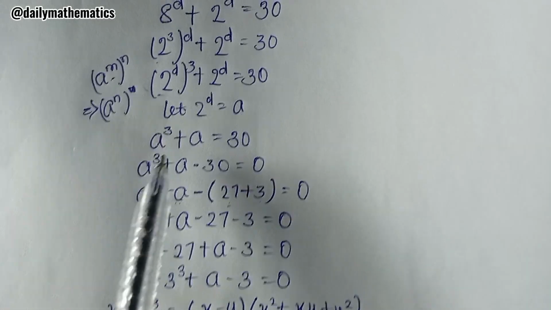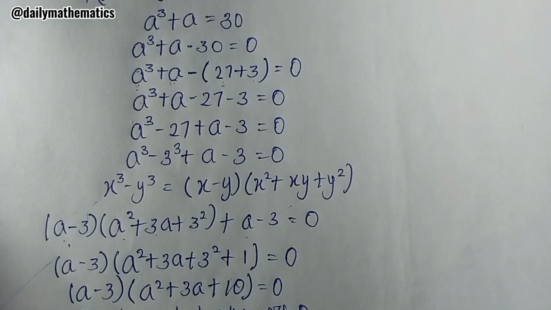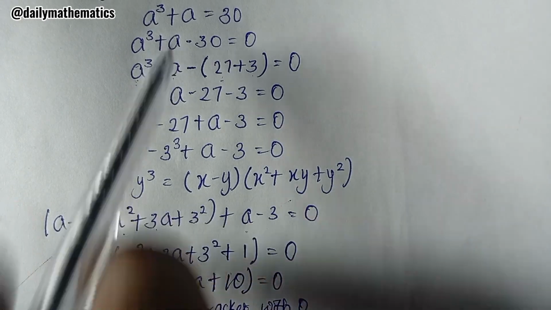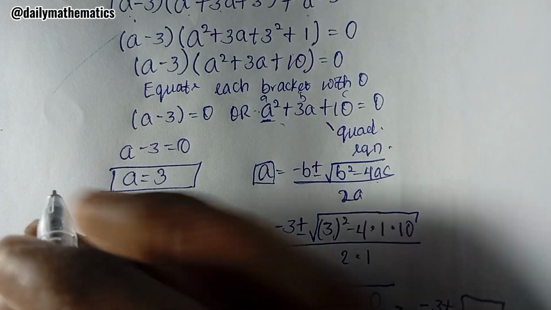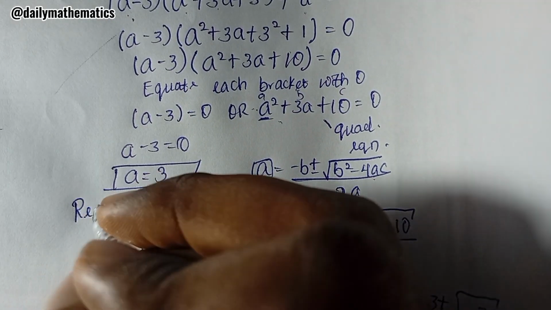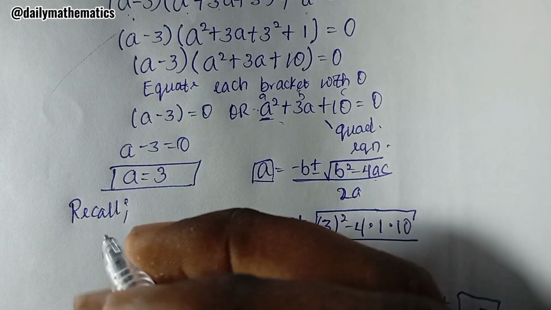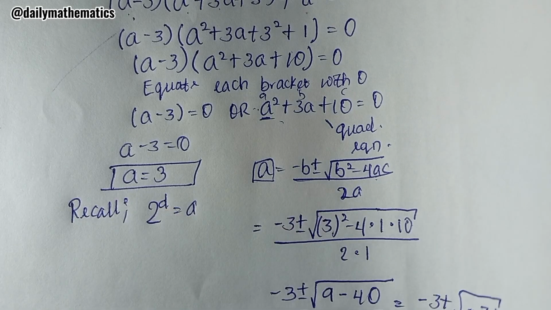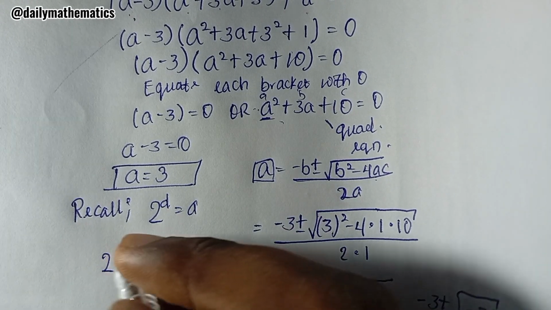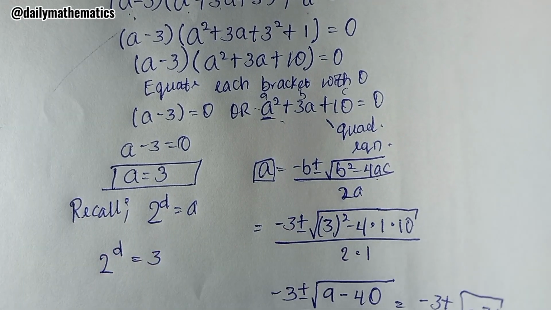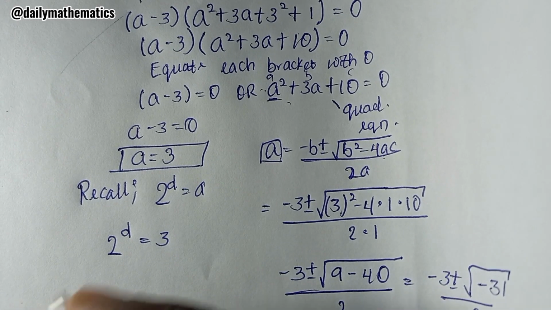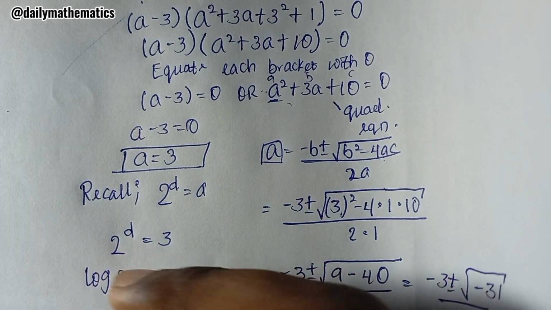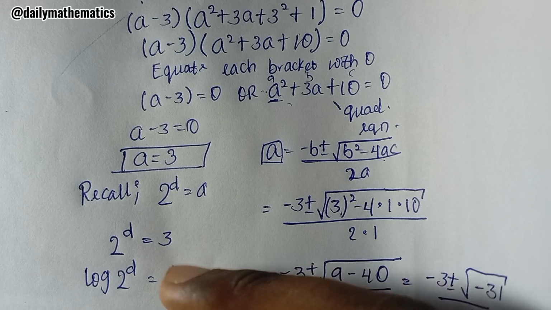But remember, recall here that we said let 2 raised to the power of d equals a. We are actually asked to find d in the question, not a. So recall, 2 raised to the power of d equals a, and we have a to be 3, so we have 2 raised to the power of d equals 3, right? So from here, what can we do? We can take the natural log of both sides, log 3.